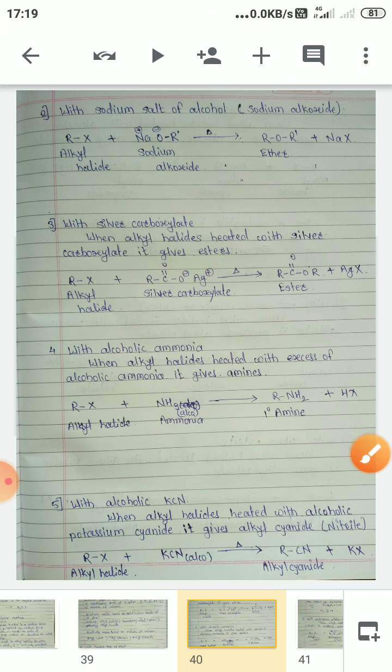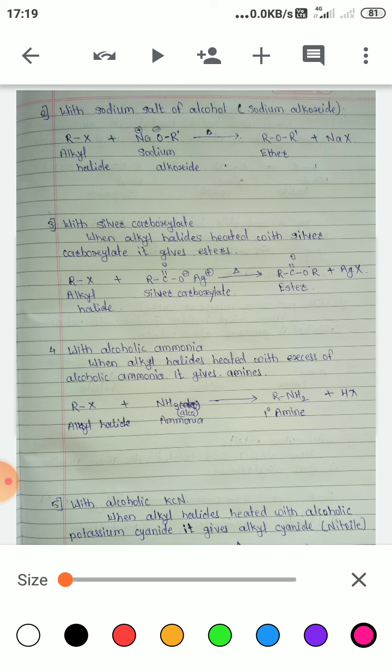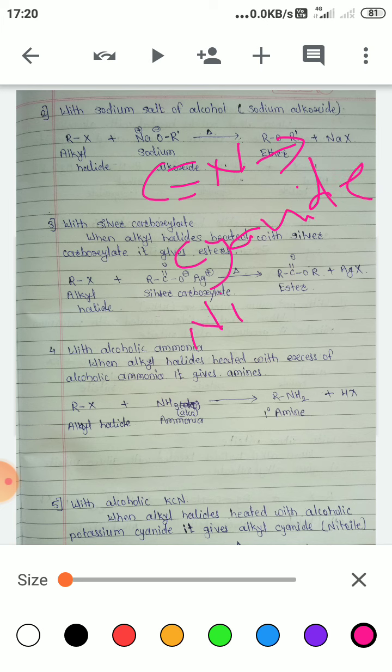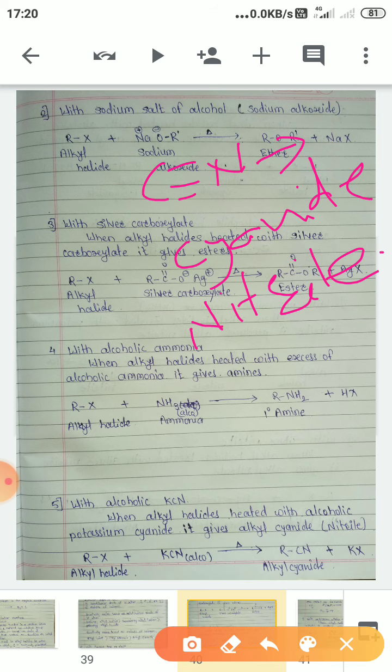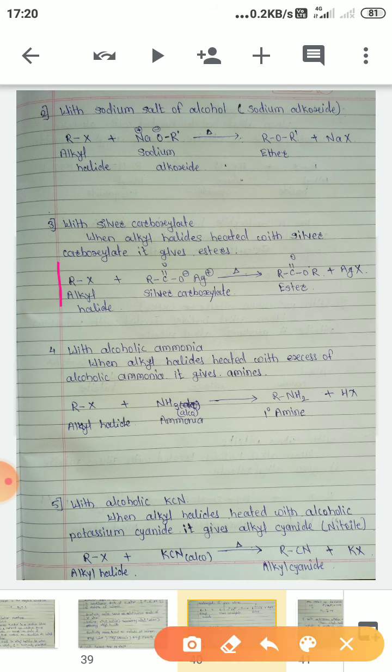Next one is with alcoholic KCN. KCN is nothing but potassium cyanide, the cyanide group C triple bond N, which we can also call a nitrile. We see the reaction when alkyl halides react with KCN.